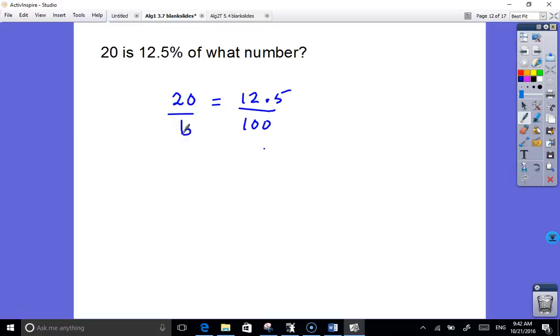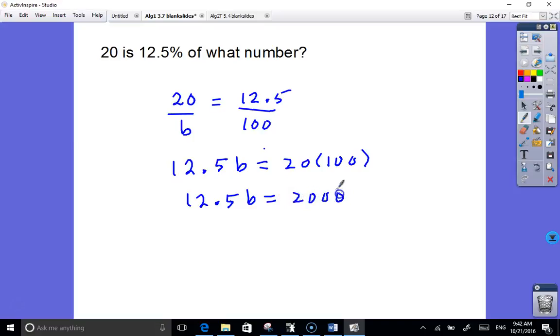Variable in the denominator means cross multiply, right? So you've got 12.5 times b equals 20 times 100. So 12.5 times b equals 2,000.